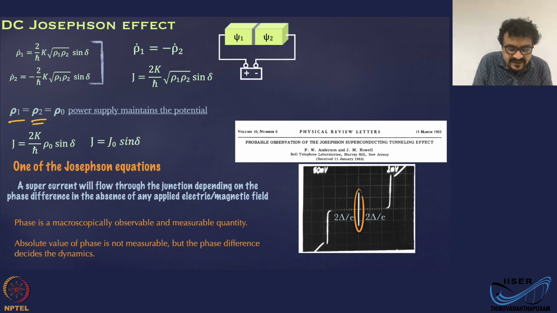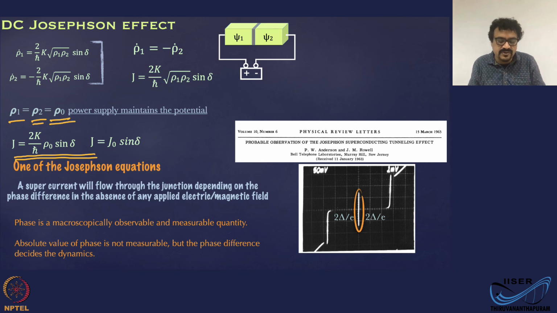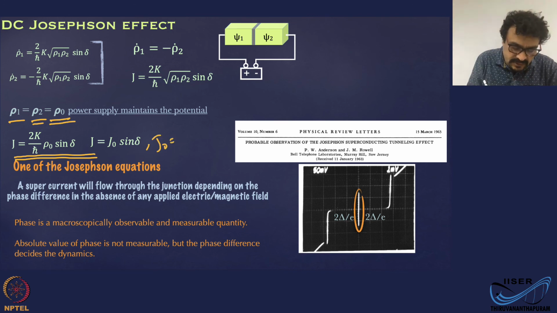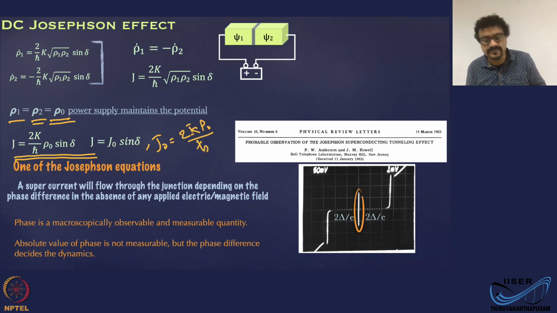So you can take both of them as rho0. So J is J0 sine delta, where J0 is all the constants absorbed: 2 kappa rho0 by h bar. That's what J0 is.